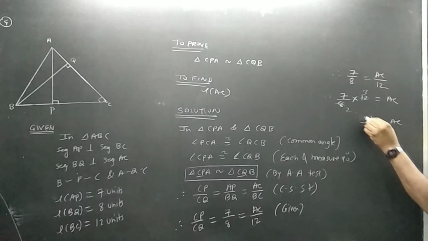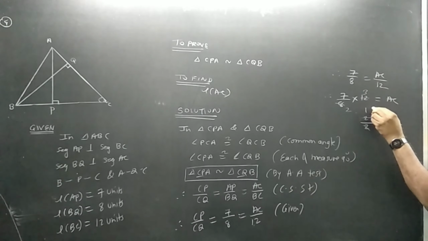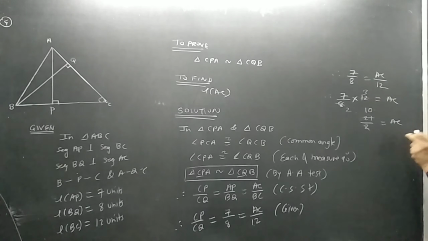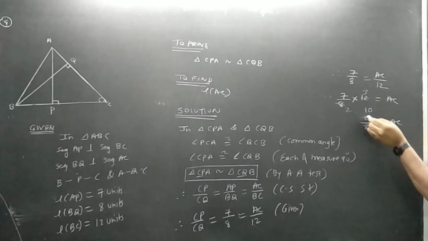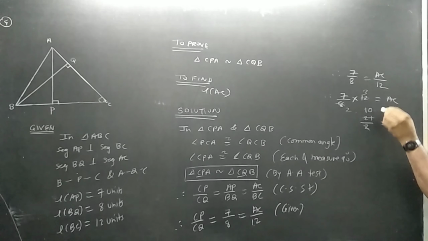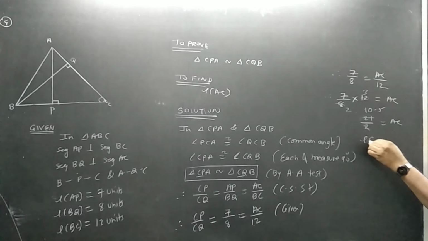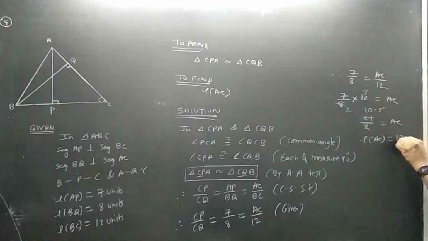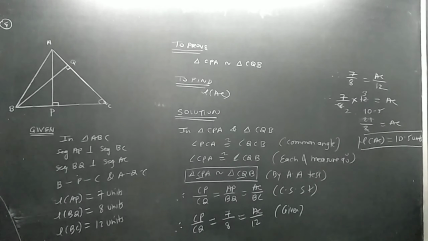So if I cancel it, 21 upon 2, 2 1s are 2, 1 2 से छोटा है, we take 0, it becomes 10, becomes 5. So length AC will become 10.5 units. This is your final answer.